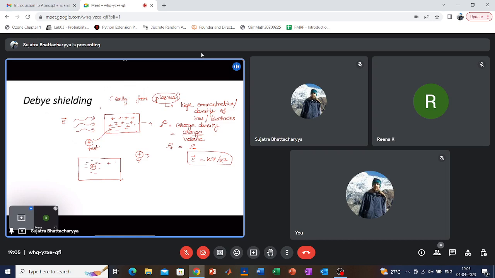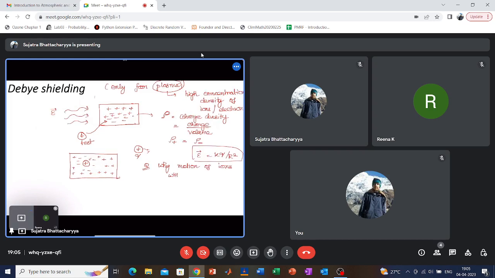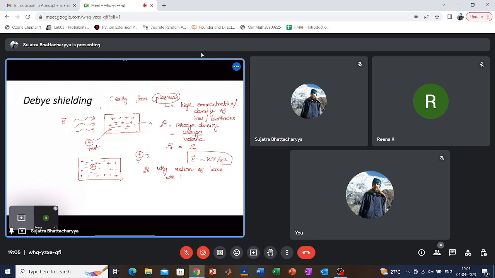Okay, but these positive ions will be remaining there, whose motion will be less as compared to that of the electrons. Why the motion of the positive ions? So let us write a question here. Why will the motion of ions be less than that of electrons?